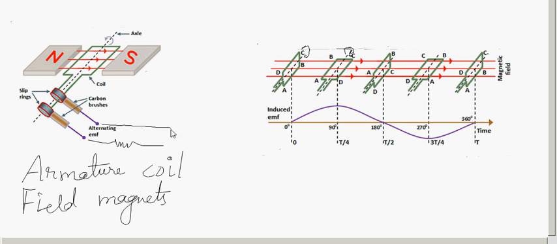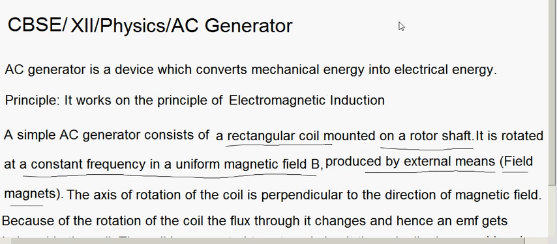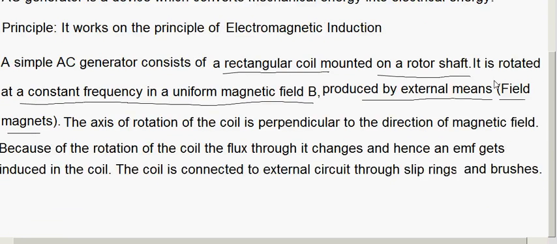Therefore, the slip rings and carbon brushes are used to connect the coil to the external circuit. I'll erase this external circuit because for the generator we don't need it for the time being. The slip rings and carbon brushes are used to make an external connection. I have written that also here.